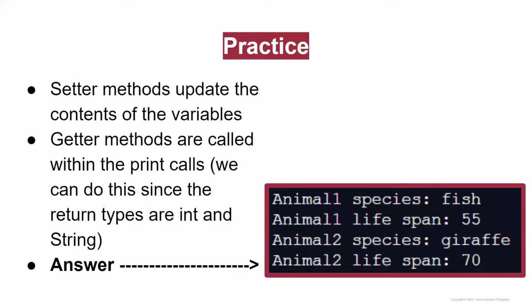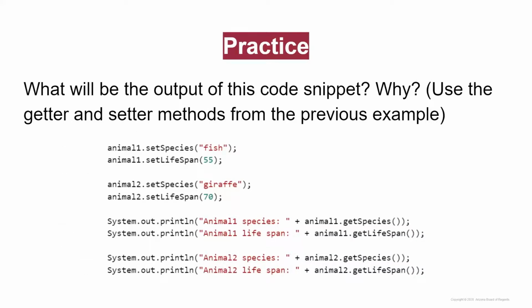So the answer here is that animal 1 species is fish, animal 1 lifespan is 55, animal 2 species is giraffe, and animal 2 lifespan is 70. And that's because, oh, we weren't using our constructors, I apologize. We were using the animal 1 and animal 2 from before to set the species and lifespan to different values.